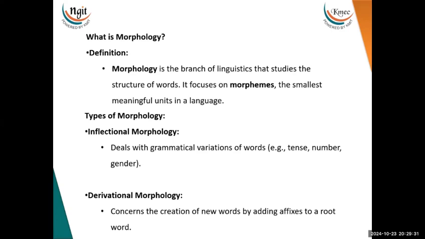If you add ed to it for past tense, it becomes walked, right? This kind of addition of plurals or making it past tense by adding ed is inflectional morphology, where it deals with the variation of words grammatically.